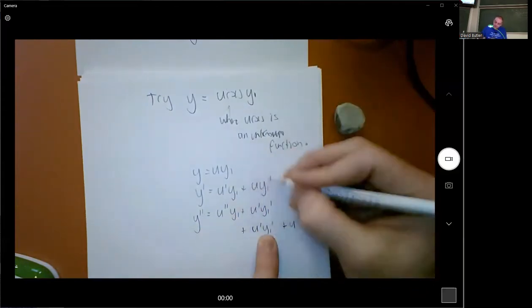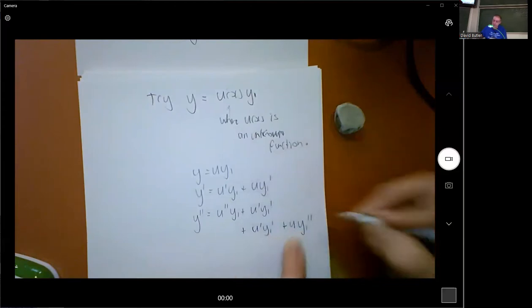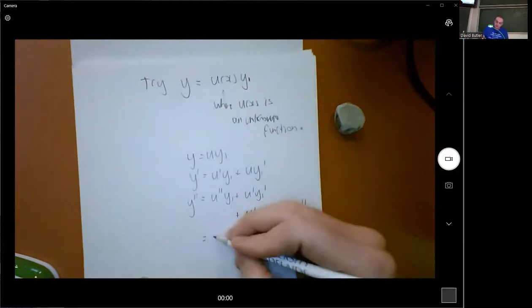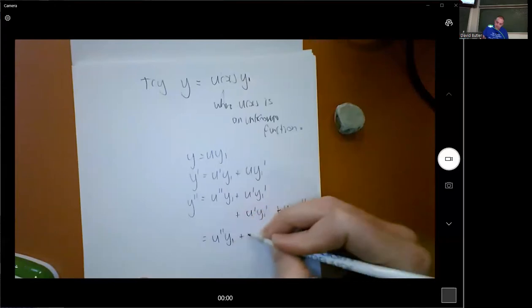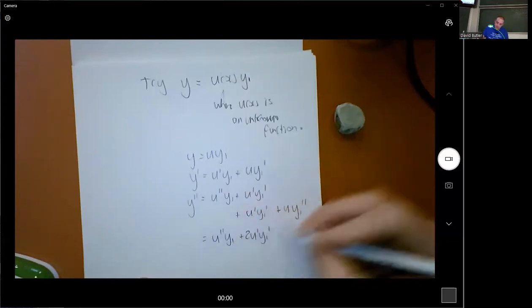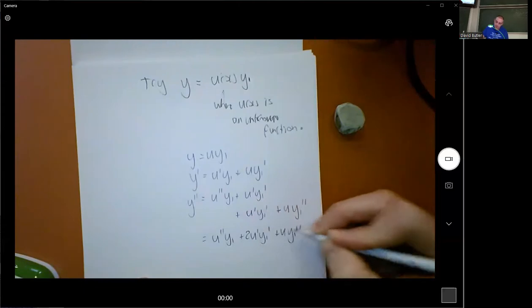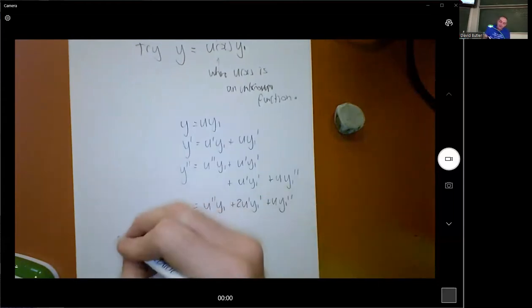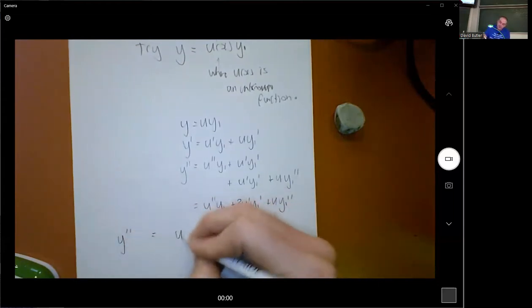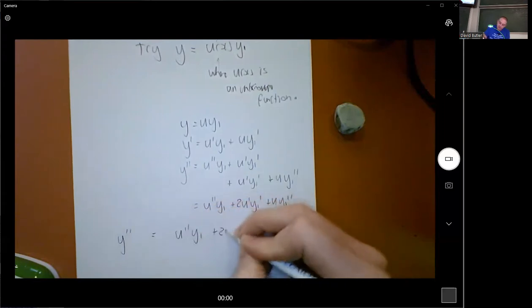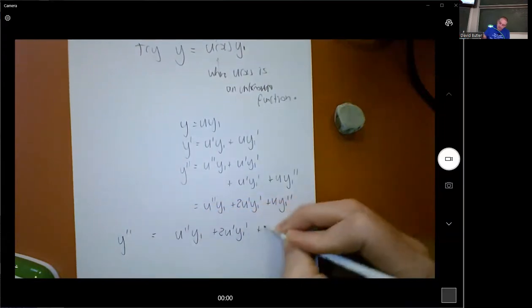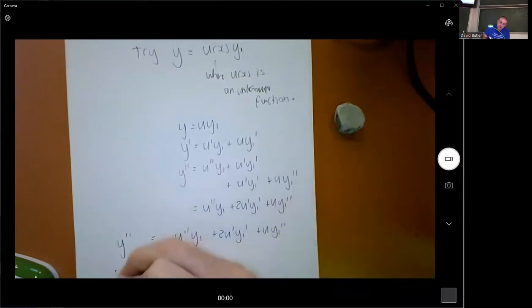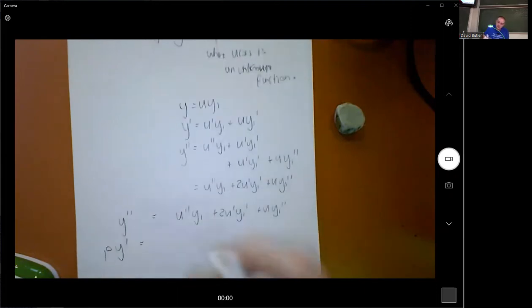Differentiate the first one, keep the second one, keep the first one, differentiate the second one. Cool. And so when I sub it into my equation, y double dashed is this. And p of y dashed is this.